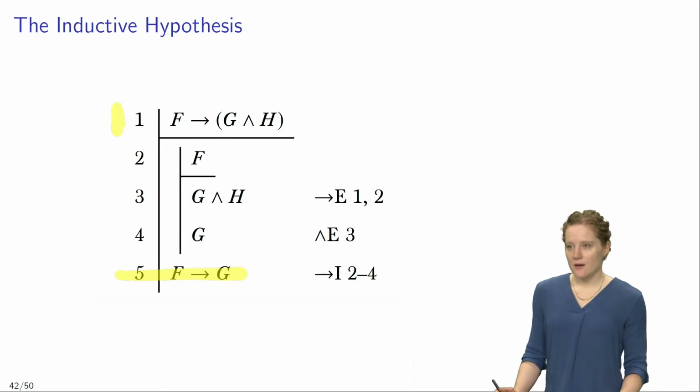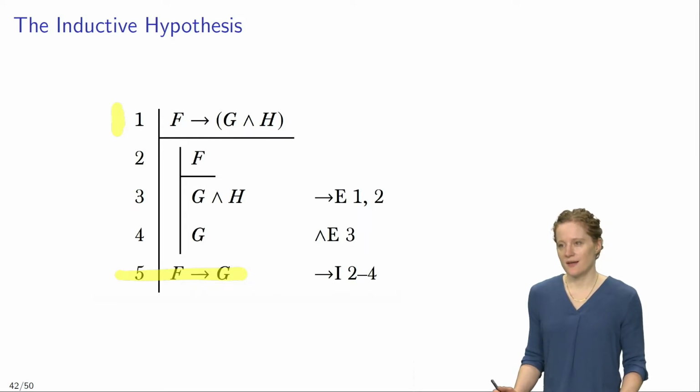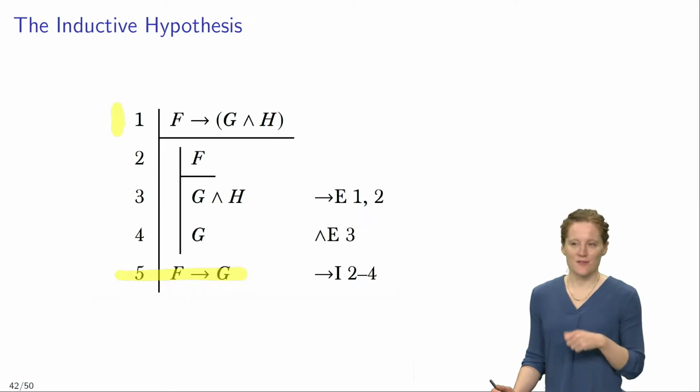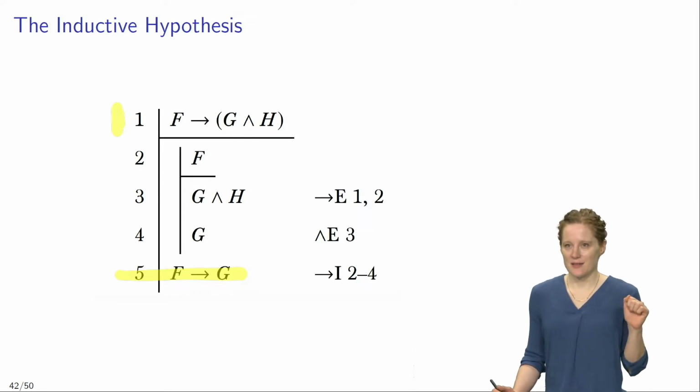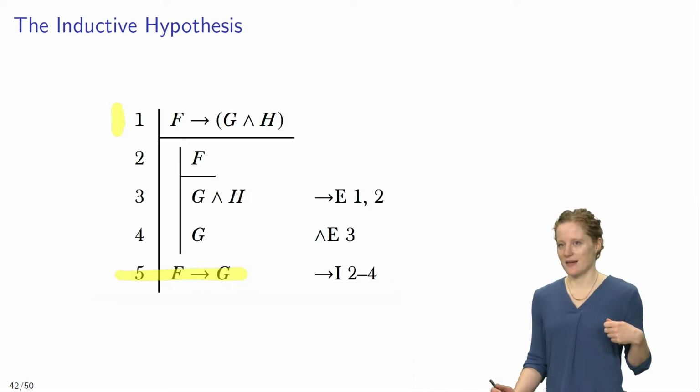Okay, so that's what we are assuming in our inductive hypothesis. We are assuming that all proofs up until length n are proofs of tautologically valid arguments. And that means that up until line n, for each line in the proof, every valuation that makes all the premises on which that line depends true also makes the line itself true.